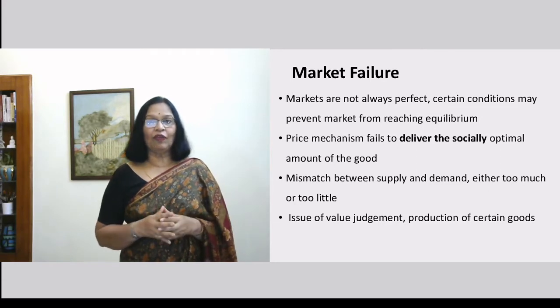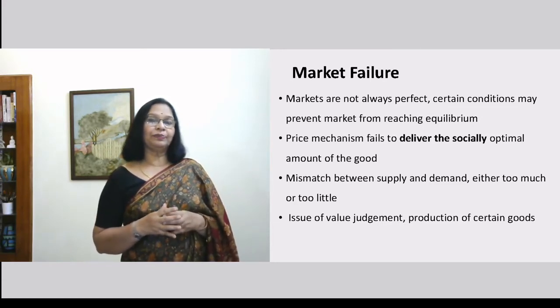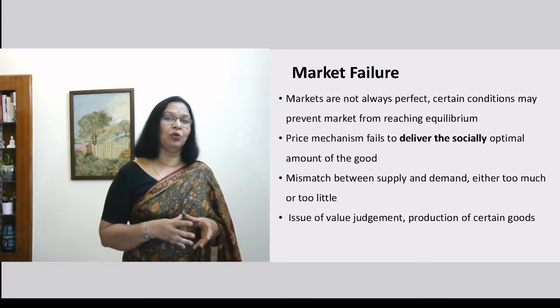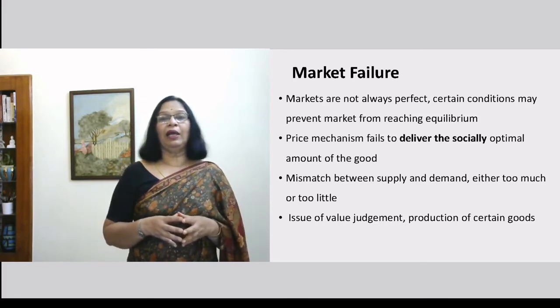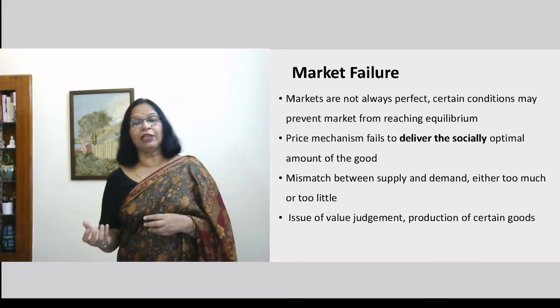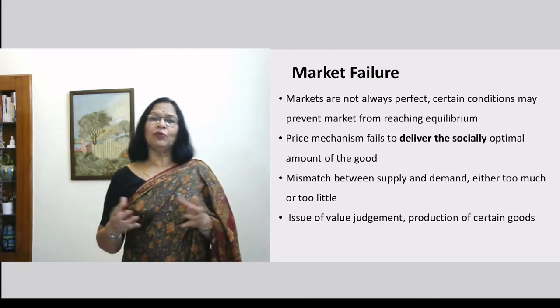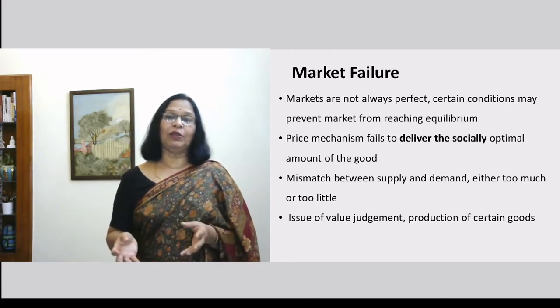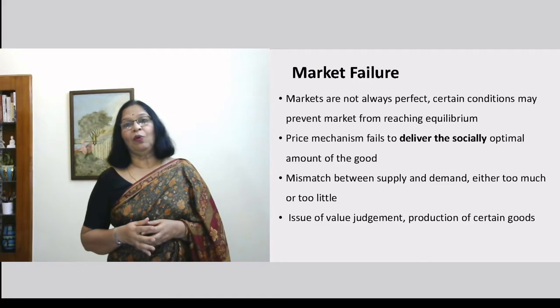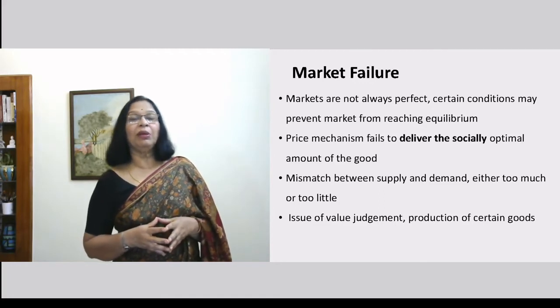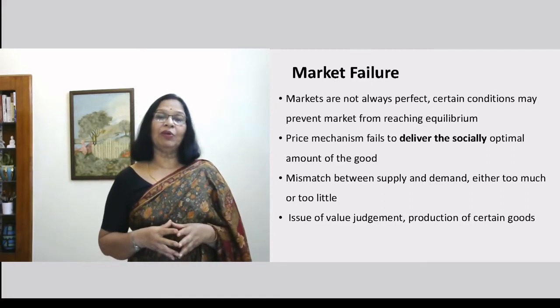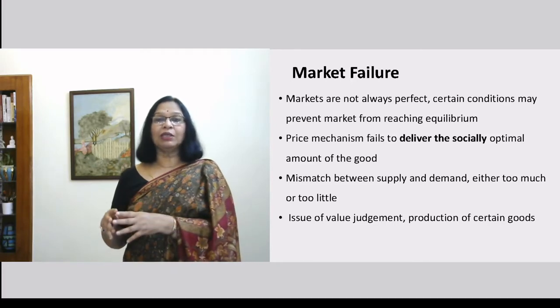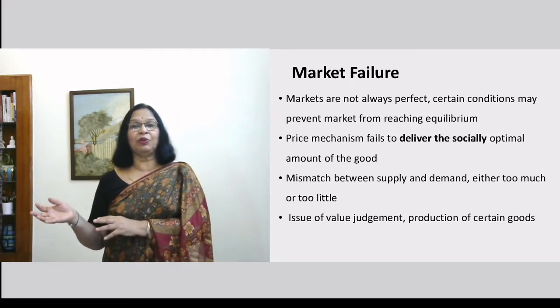There is an issue of value judgment, where important goods are not produced, and goods that are not really important get produced in a market economy, which is very much a part of the working of the market mechanism. When bicycles are needed in an economy in larger number, we may find that more cars are produced, very high-end cars are produced in an economy.